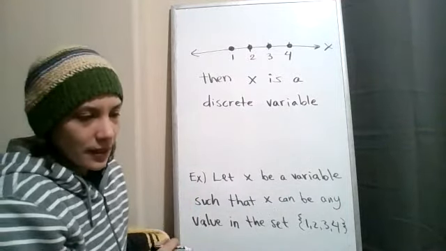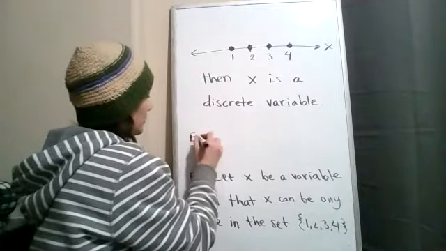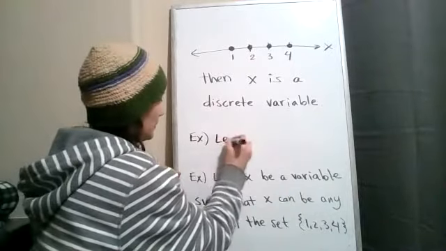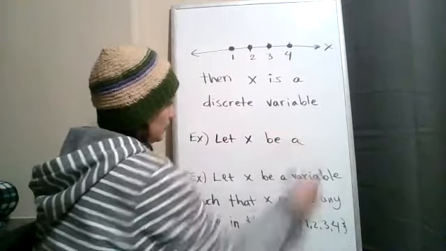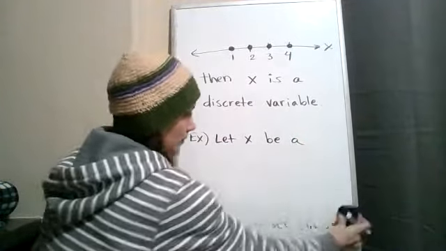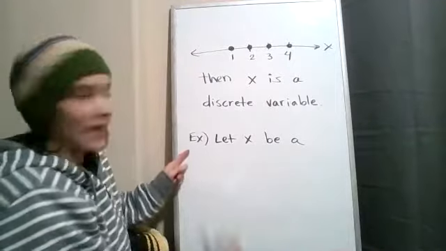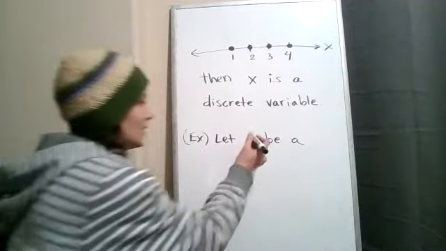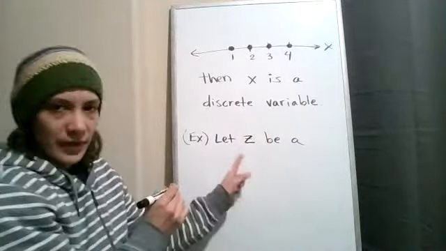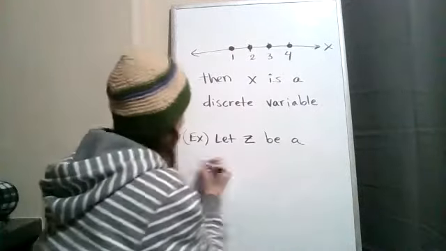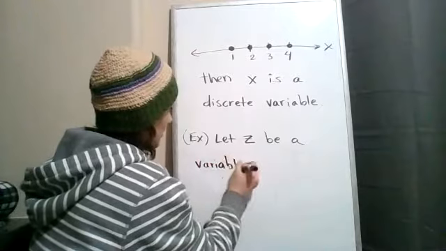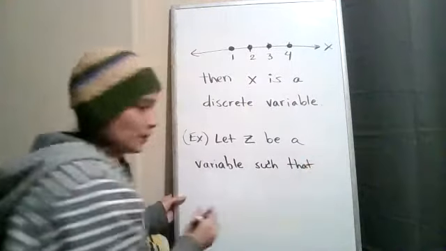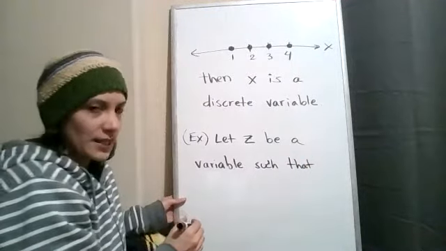Okay, I have another one. We're still going to have x as a random variable. This is a completely new example from the previous one, right? Yeah, all new. Let's even change this. We'll make this z, but it's still a variable. z is any value in the set.